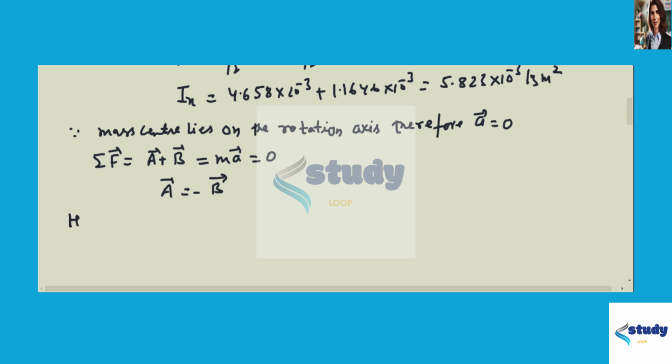Now angular momentum about A will be Ix omega I cap minus Ixy omega j cap minus Ixz omega k cap.